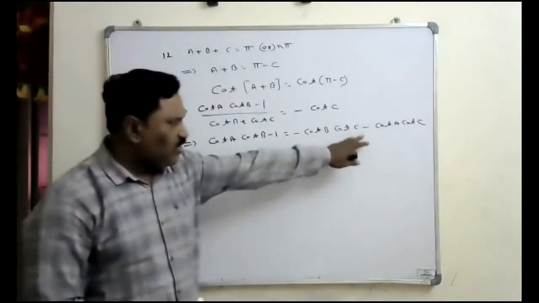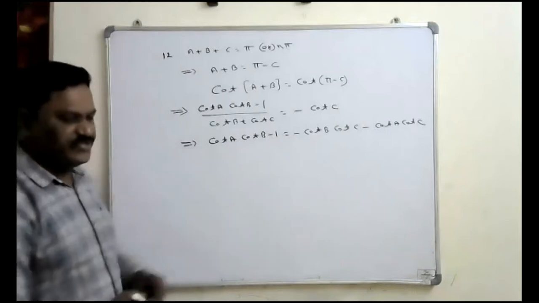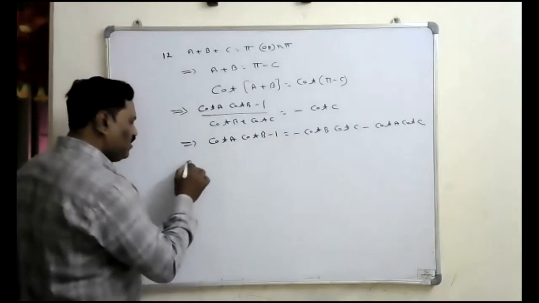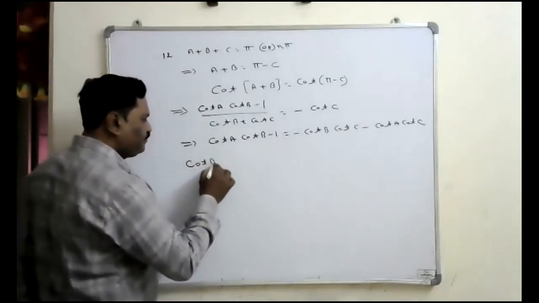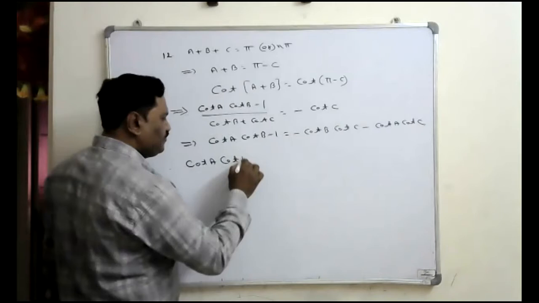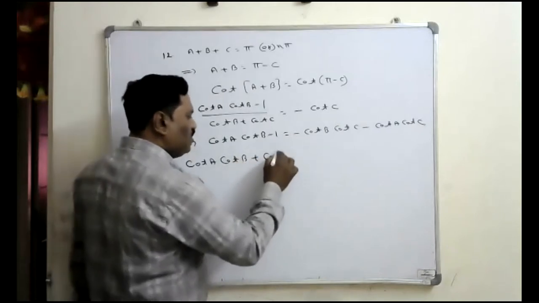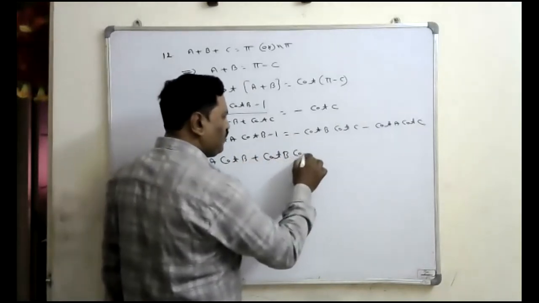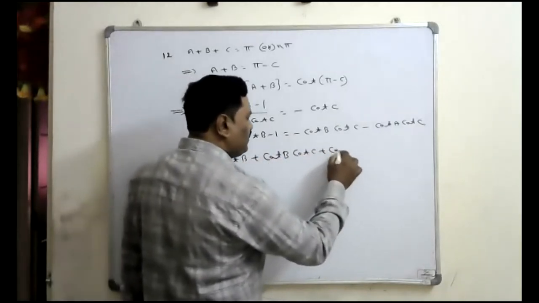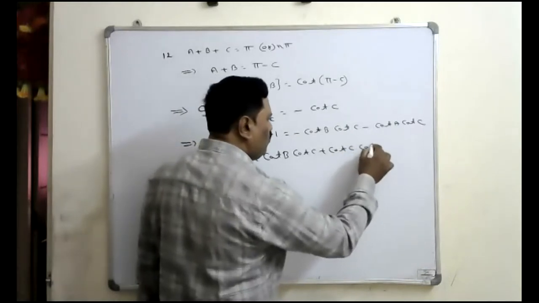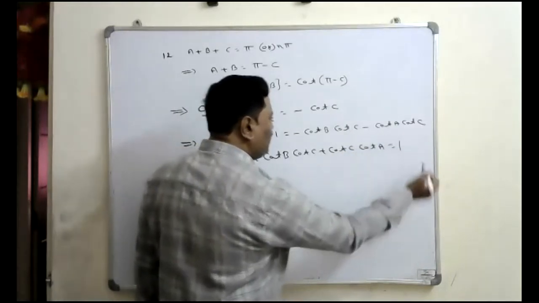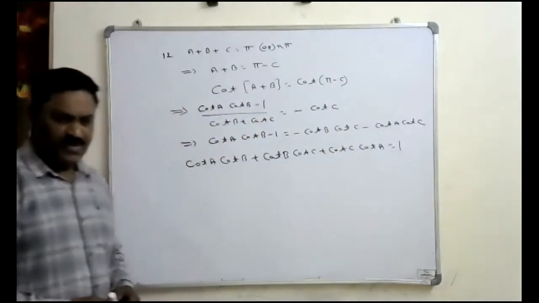Now bring this negative term to this side and this minus 1 to the other side. Then we are getting cot A cot B plus cot B cot C plus cot C cot A is equal to 1. So this is the result we have to remember.